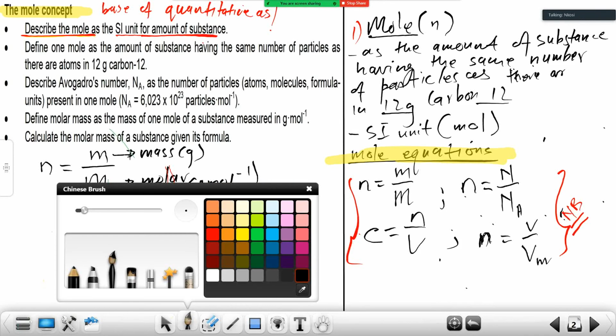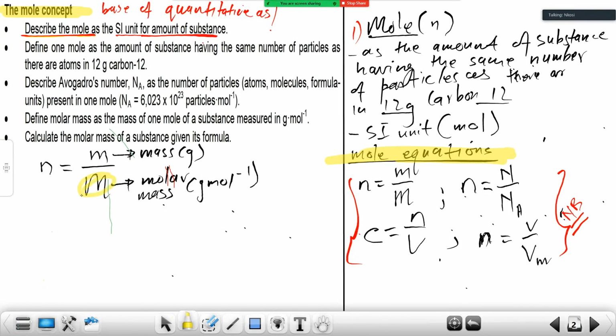So this is the key concept that governs what we need to know. So remember, where do we get the molar mass? We get the molar mass of each element from the periodic table.